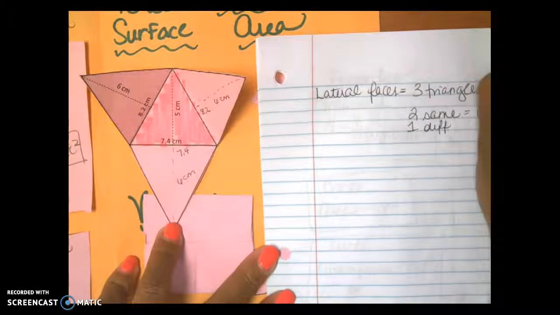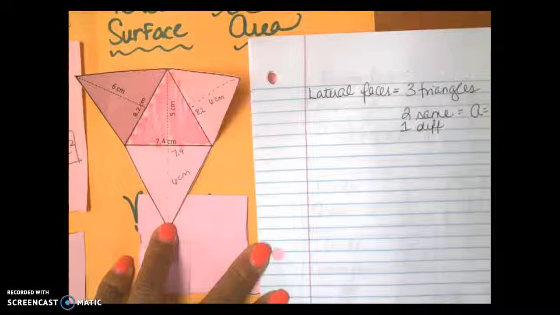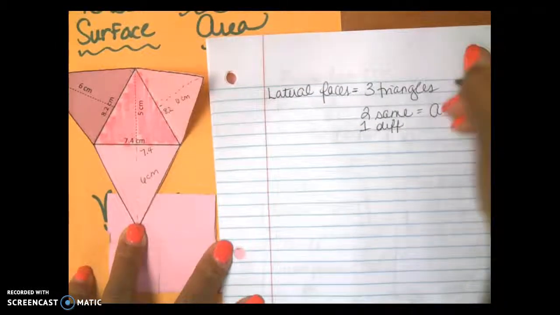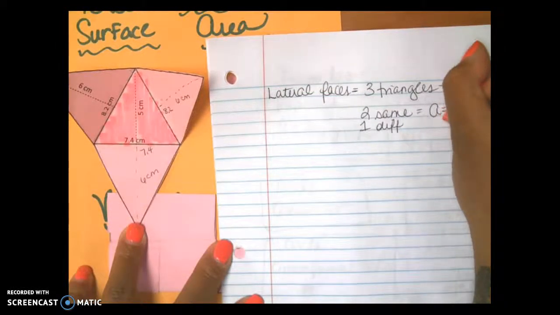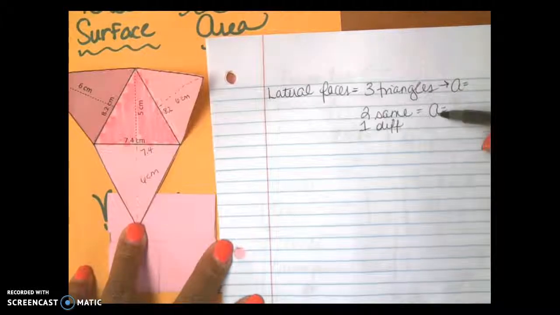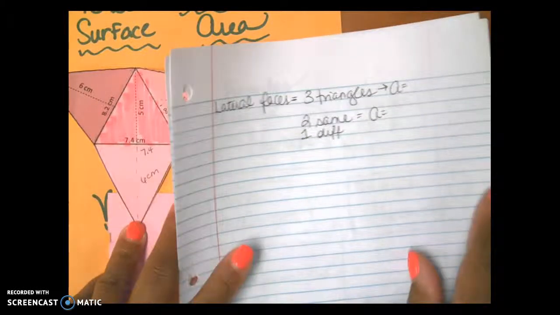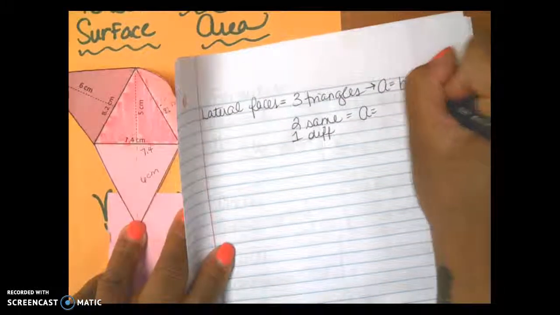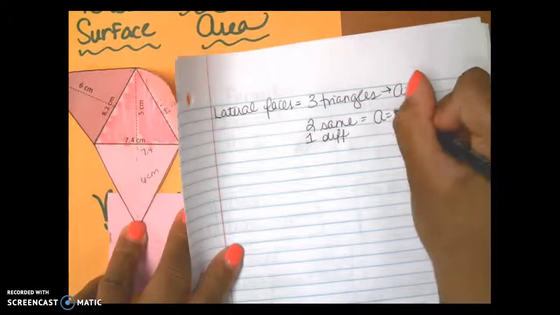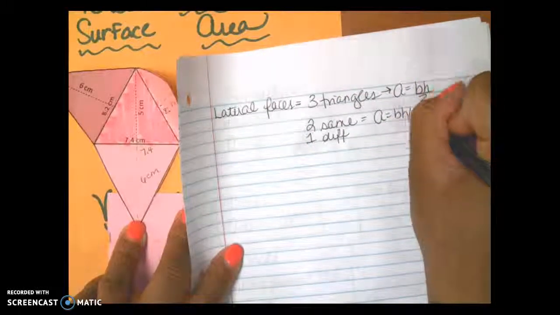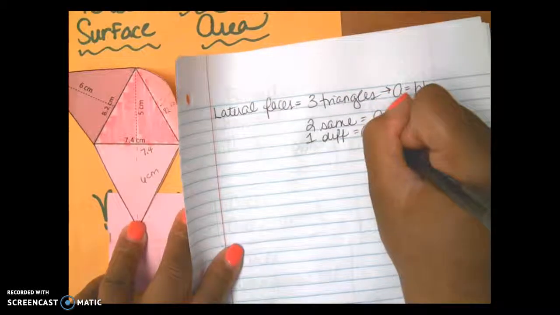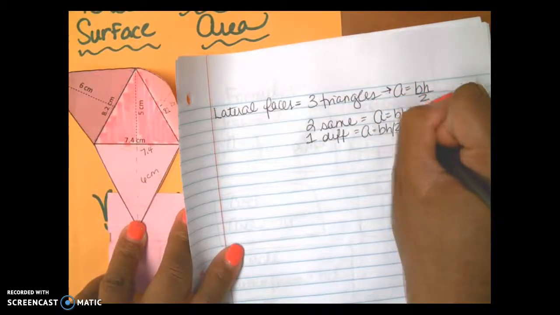So the 2 that are the same, A equals 2 times... What's the formula? What am I writing here? Area of a what? Which is what? Base times height divided by 2. So the same 2 triangles, base times height divided by 2. And this one's base times height divided by 2.